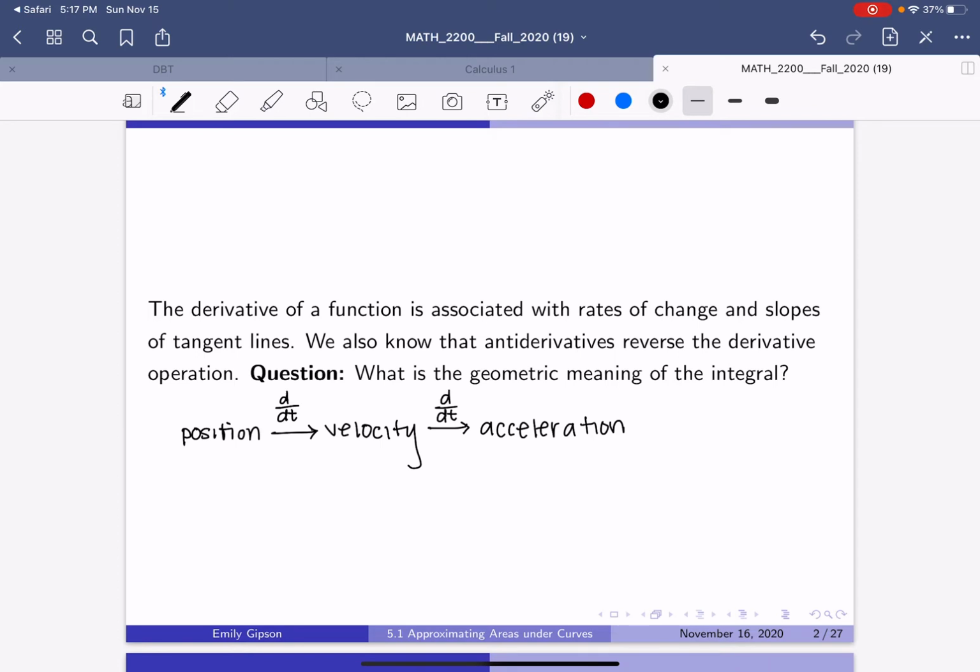So obviously derivatives have a physical and a geometric meaning, but we're interested in what is the geometric meaning of the antiderivative or the integral.